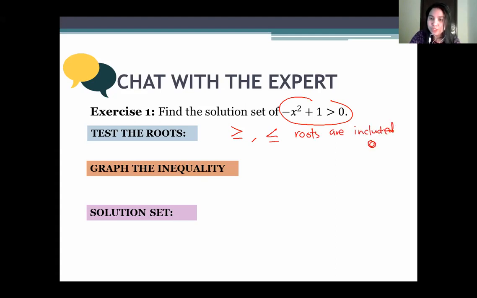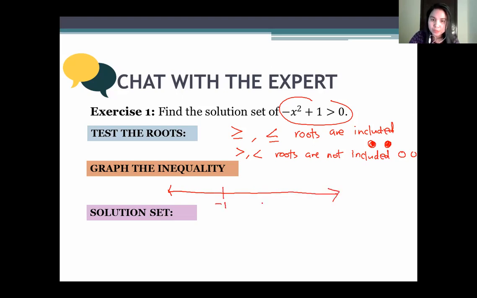Therefore, we shade the circles. But if it's greater than or less than, the roots are not included. It means the roots cannot be your answers. So we remain the circles open. Now let's go to graphing the inequality.